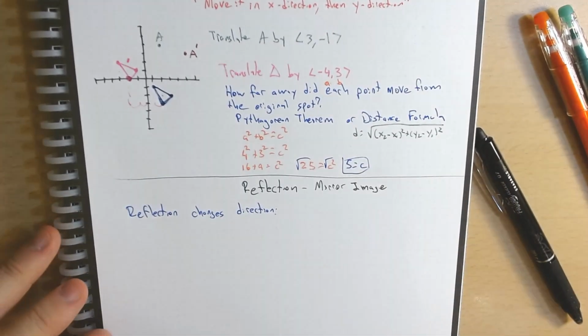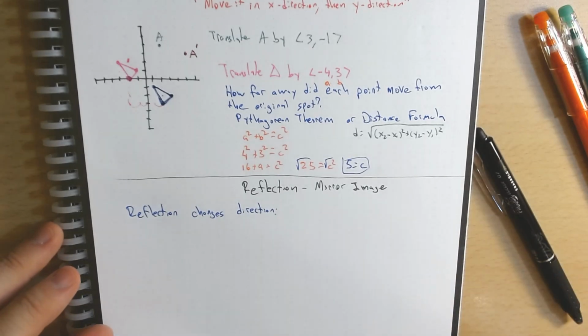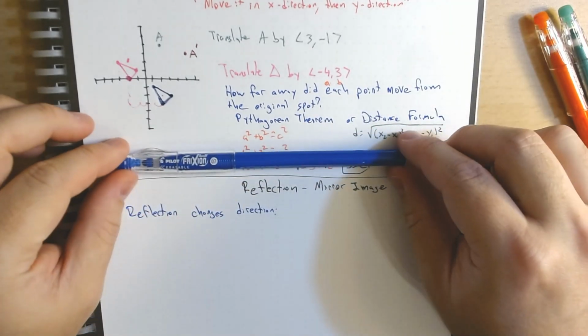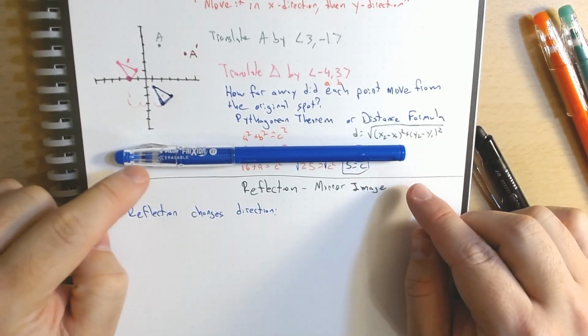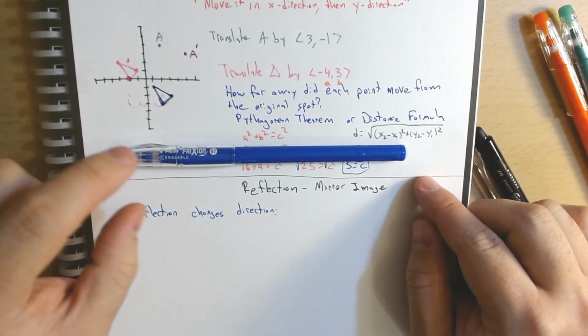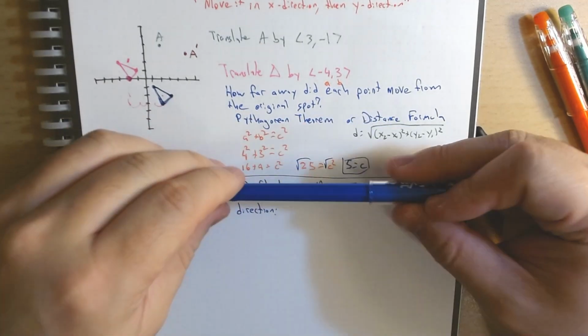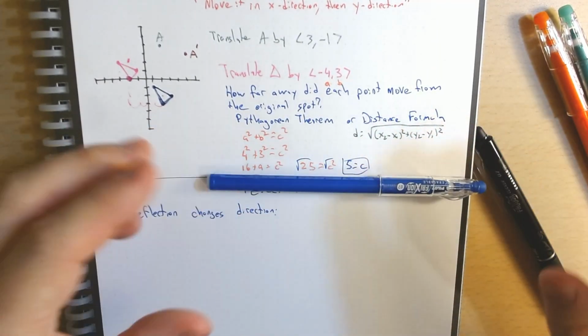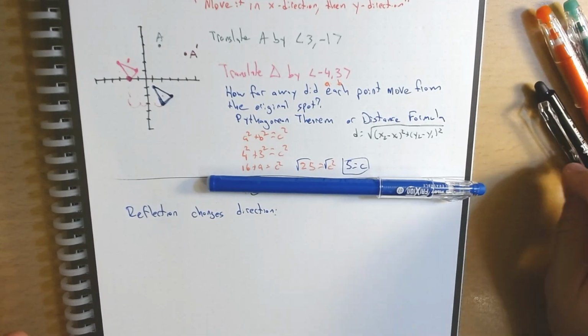What I mean by that, well, I'll get into that more. Just, you know, if you have a shape like this, right? This is pointing to the left, the cap is, but when you reflect it, it's suddenly pointing to the right. So you're changing the direction things are happening with.